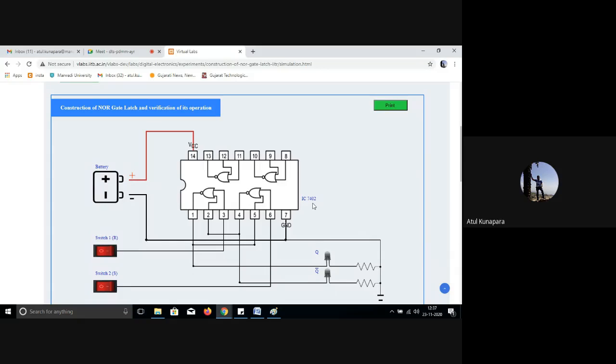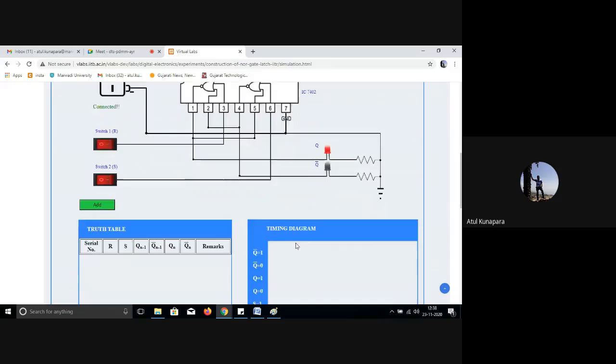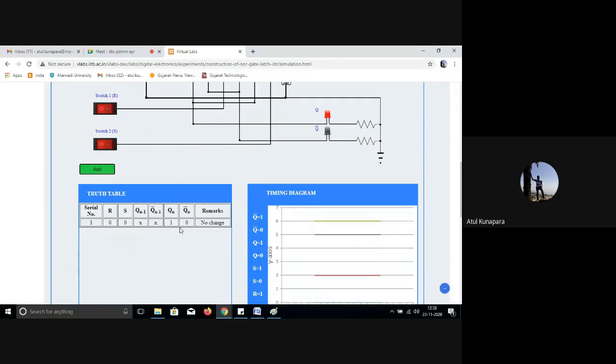One IC 7402 is taken, and in that only two NOR gates are connected with the cross connection. Two inputs R and S are given, and two LEDs are given at the output side. You can connect the battery, and based on the condition of your inputs and outputs, right now both inputs are 0 0. So you can see that right now output Q is set and Q bar is 0. If you want to add that condition, you can add it over here.